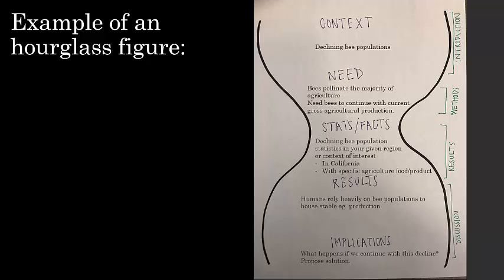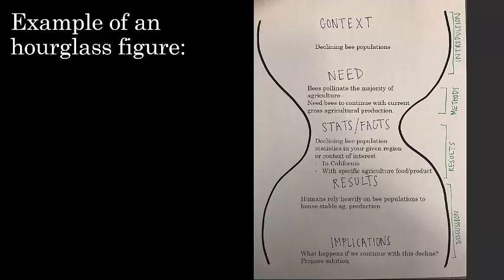Once you have gathered all your stats, your facts, all the fun stuff, you need to start talking about why those stats and facts are important and how they're answering your question. So think back: declining bee populations is your focus. Your results section is going to be basically saying how your stats and facts are discussing your context.